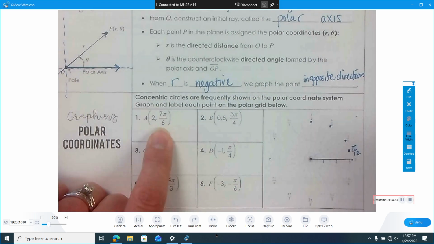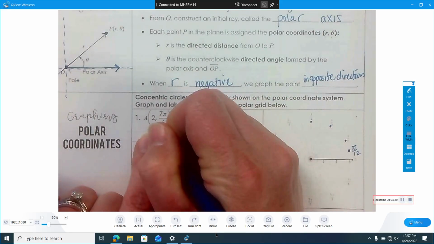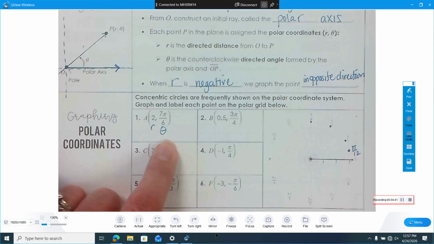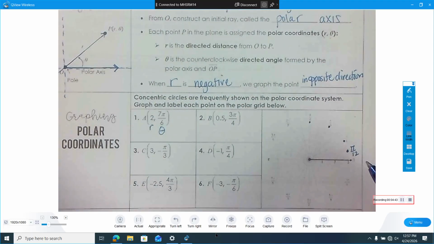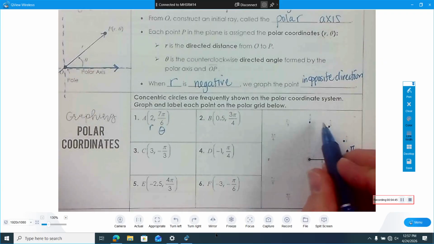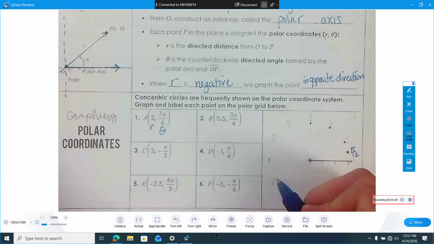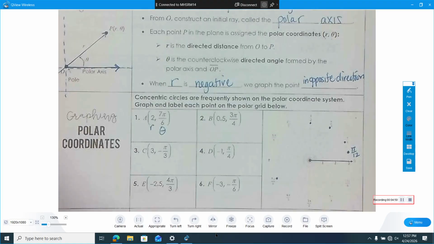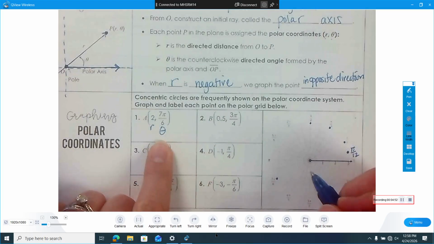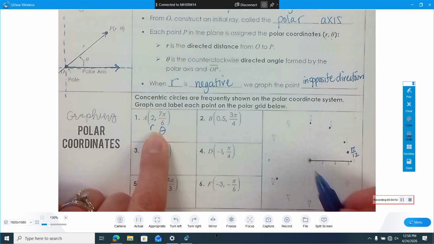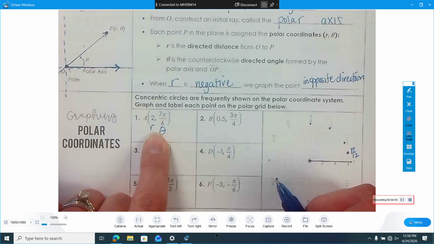So here I want to graph and label each point on the polar grid. This is our polar grid. We have an r of 2 and a theta of 7 pi over 6. So I'm going to go to 7 pi over 6, which is right here. And I'm going to go out a radius length from the origin along that 7 pi over 6.